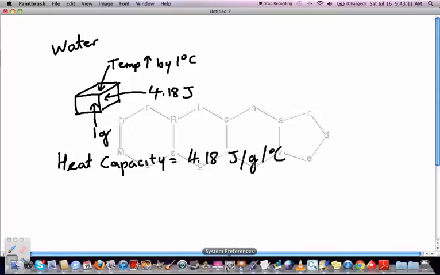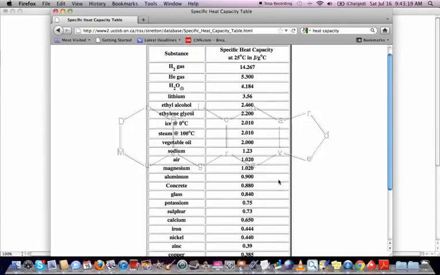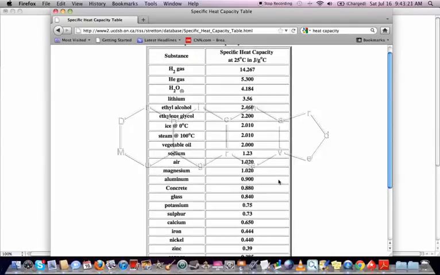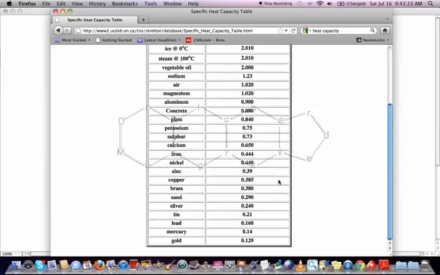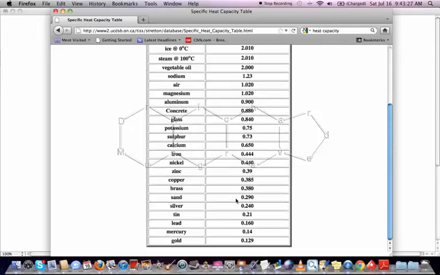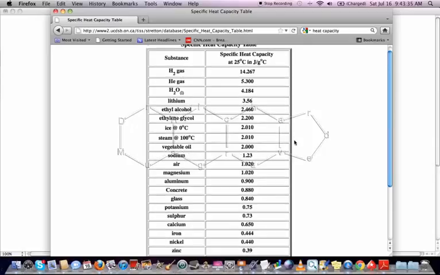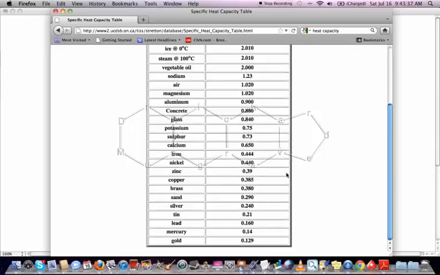I'd also like to show you a list here of different heat capacities. You can get this out of your book, or you can go on the internet like I did and find them everywhere. What you'll notice is that down here, this is sort of in a descending order, heat capacity depends on a couple of things. It tends to be larger for lower atomic weight elements, and it tends to be lower for heavier metals.